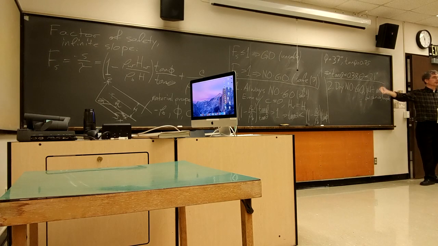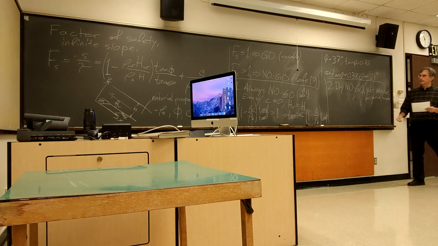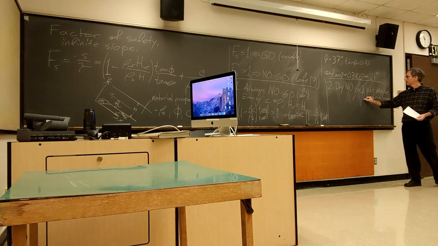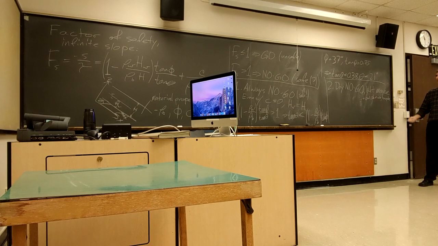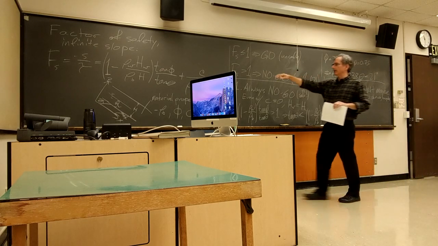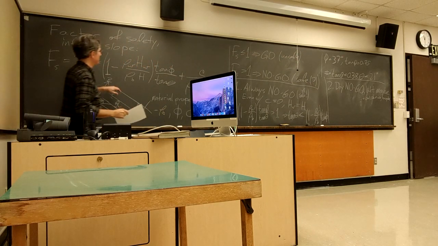In other words, if it's perfectly dry, then it's going to be safe. But if it's wet, especially if there's not so much cohesion, then maybe not safe. And we don't need to solve anything here to get this part.